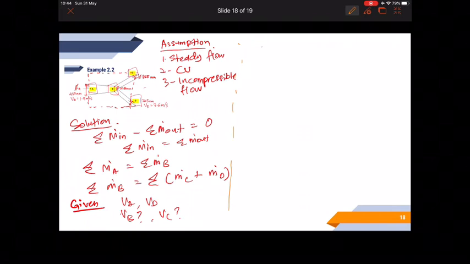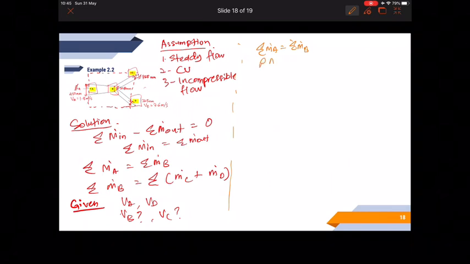So as I mentioned, m dot A equal to m dot B. So basically it's steady flow. So okay, let's write in full.